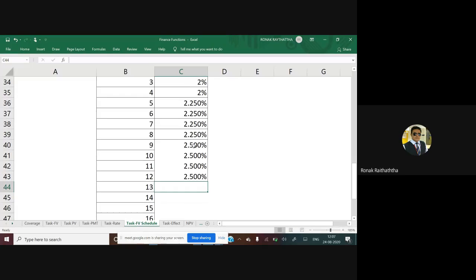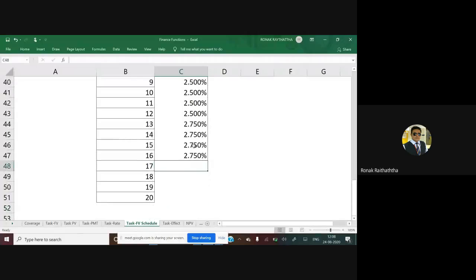Then 11% divided by 4, so that would come at 2.75 for the next 4 quarters. And the last one would be 12% divided by 4, so that comes at 3, and 3 would remain for next 4 quarters.